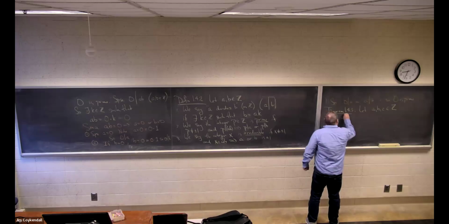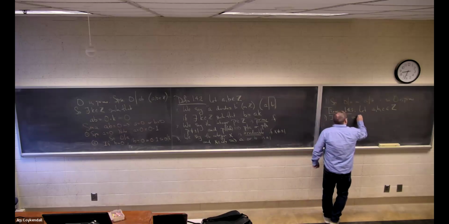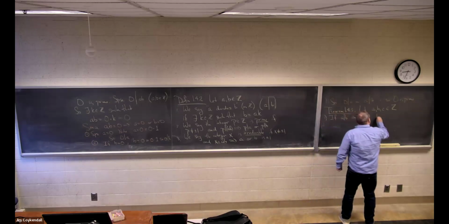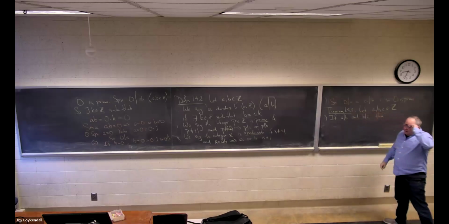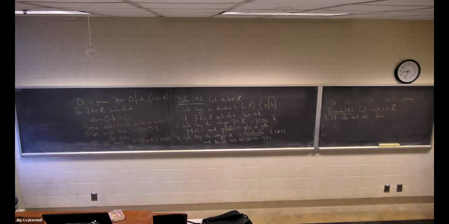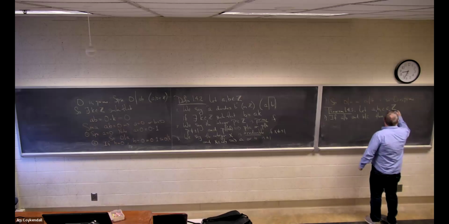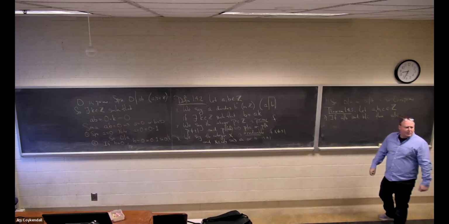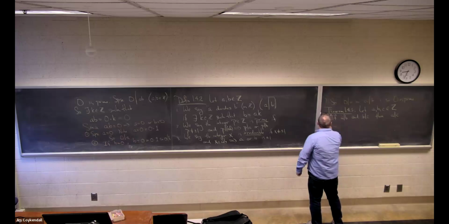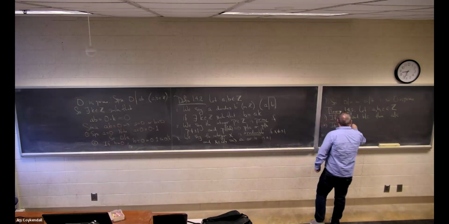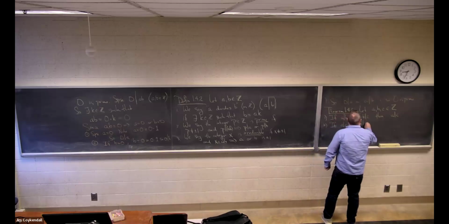If A divides B and B divides C, anybody want to guess what the punchline is here? Suppose I know that A divides B, and then in turn B divides C. Then A divides C. We should probably prove that.